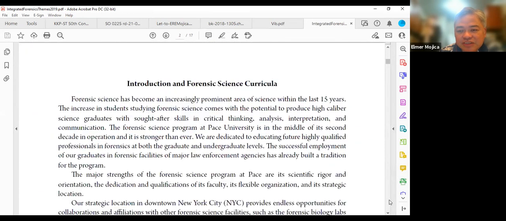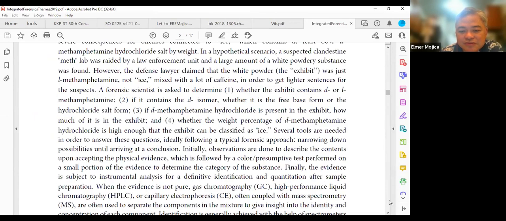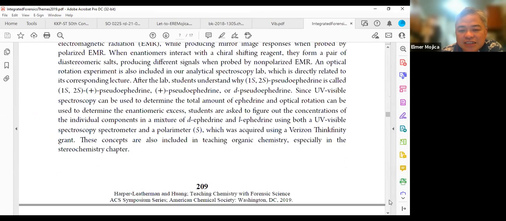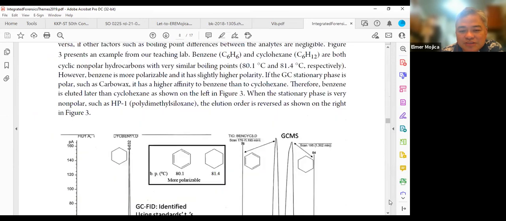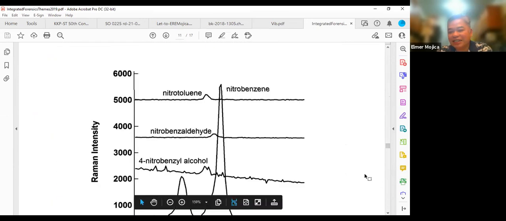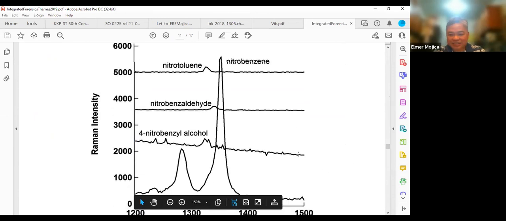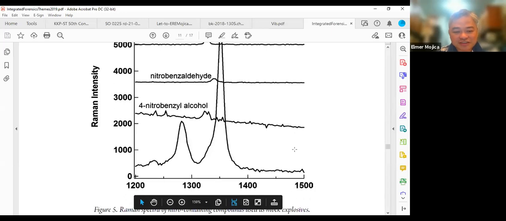So since I'm the one in charge with spectroscopy, what we usually do, we have these so-called mock explosives, okay? And we ask the student to analyze them. So what we have is just the nitro-containing substance. We don't use the real explosive. We only use one that also contains the nitro. And usually the nitro is the one that contains these two.